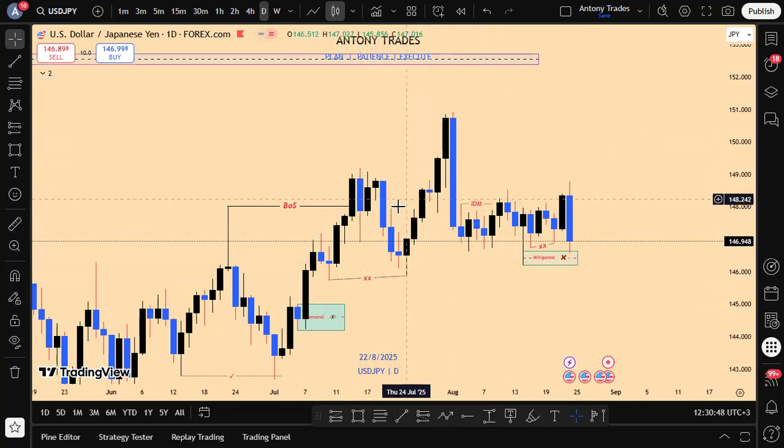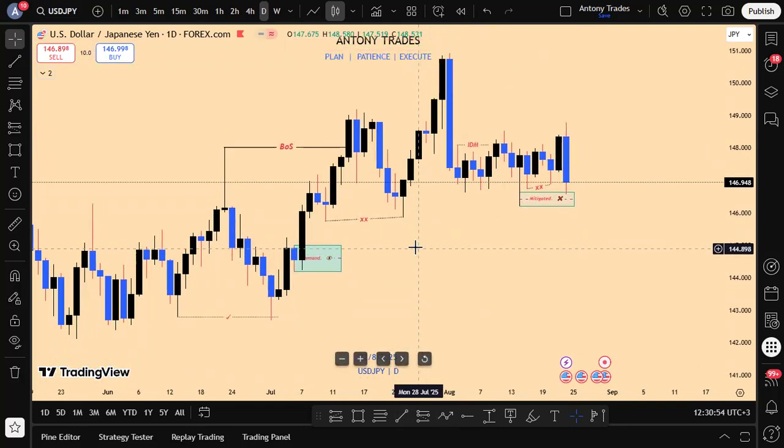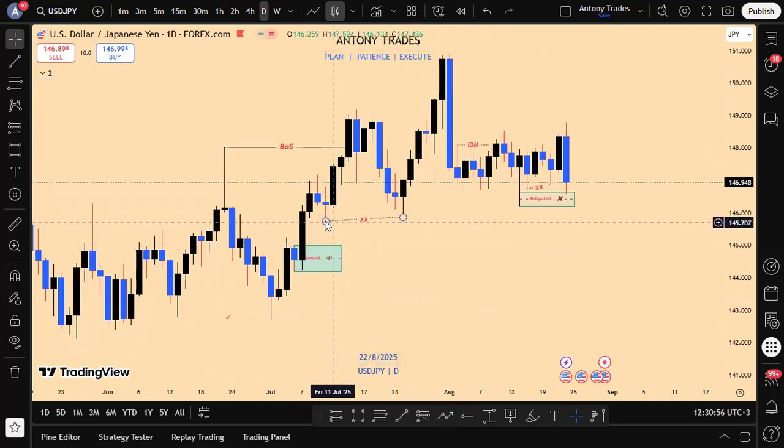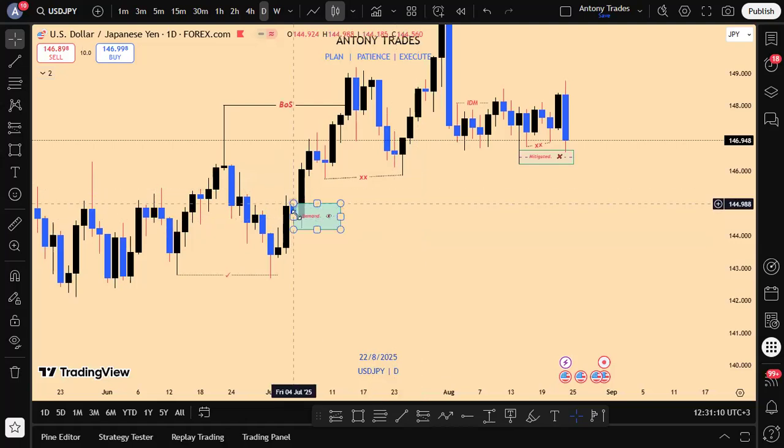No, simply because it has not swept any liquidity before breaking this structure. The only liquidity here is this inducement low, this minor inducement. So the market pushed to the downside and failed to break this low. So for me, this becomes liquidity.